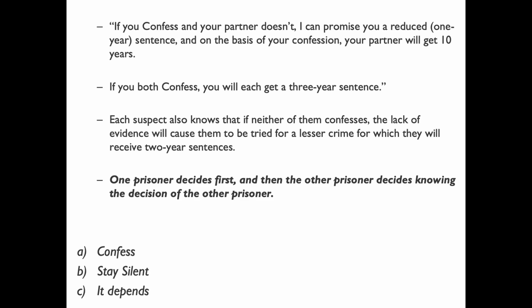So in other words, the district attorney goes to one room to prisoner A, John, and says, make your decision. And then John makes a decision. And she goes to the other room to Sally and says, Sally, John made this decision. Now you have to decide, right? So in this particular situation, the game will be inherently different, in which it will be a sequential game. One player decides first, then the other player makes a decision.